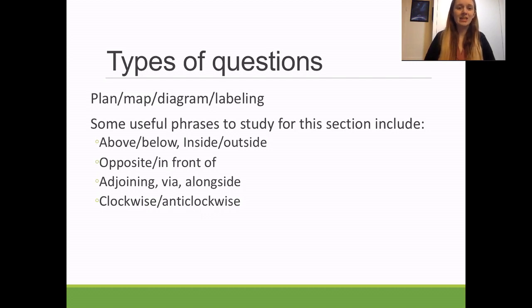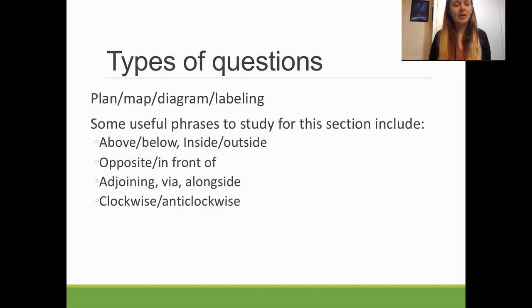Adjoining, via, and alongside. Sometimes people say via as well. So adjoining, connecting, via, taking that route to go somewhere else, and then alongside is beside. So alongside this road, there is a path or a walking path or a bike path.